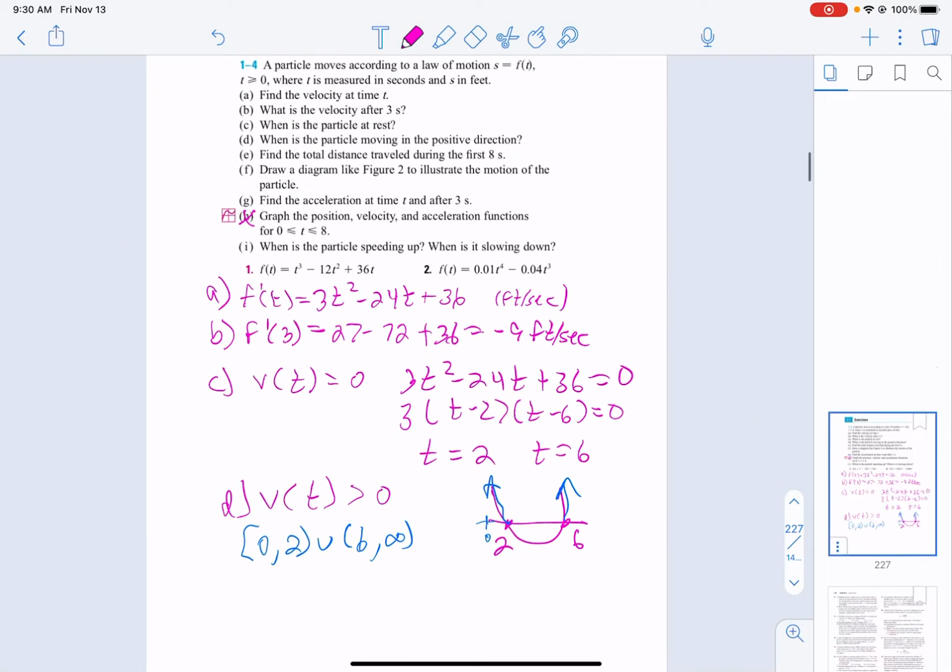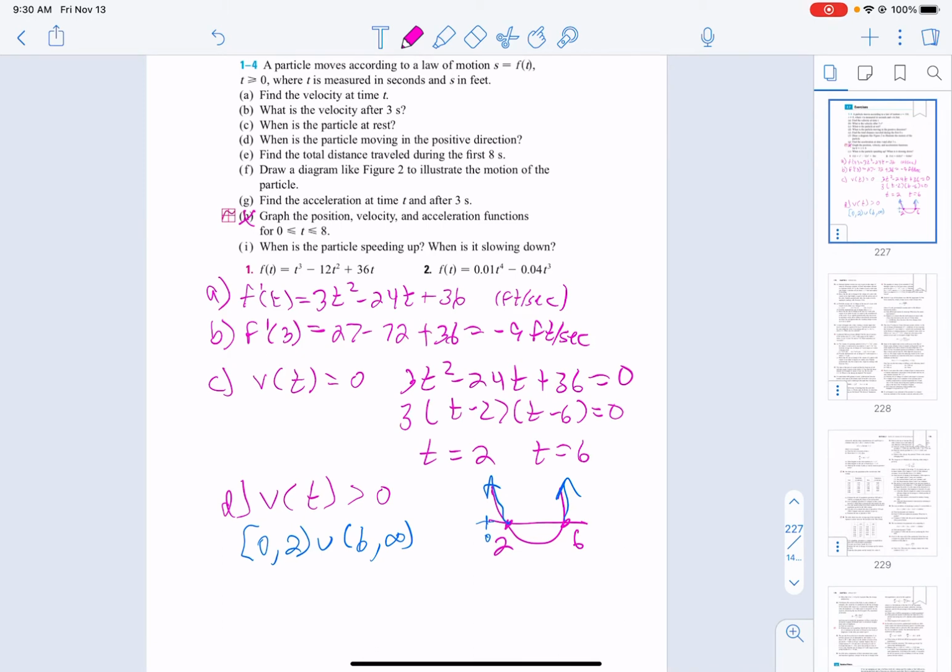Now let's read the instructions for E. Find the total distance traveled during the first 8 seconds. Now let's think about something for a minute. It is traveling in the positive direction from 0 to 2, okay? So if we start at 0, that's our original function I'm using.